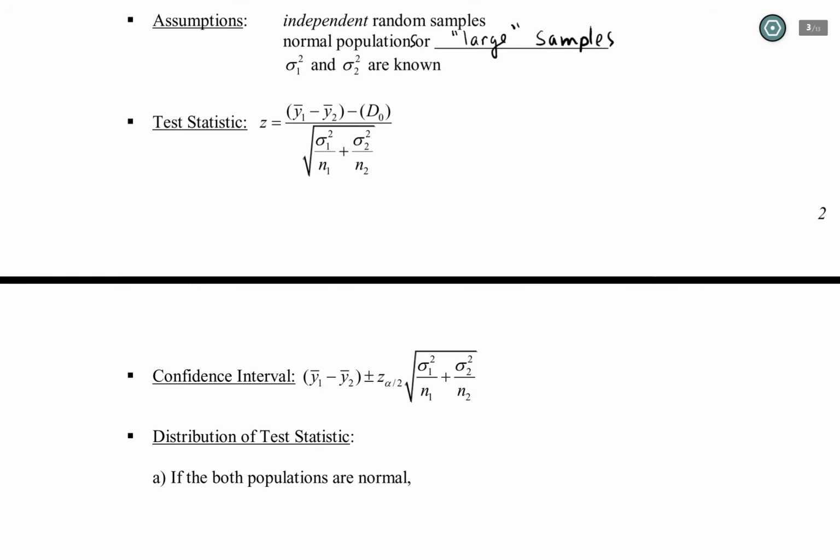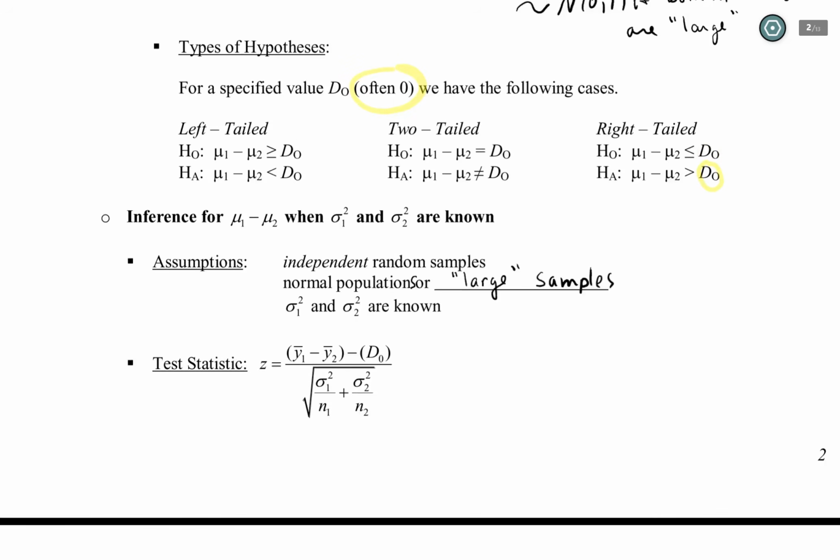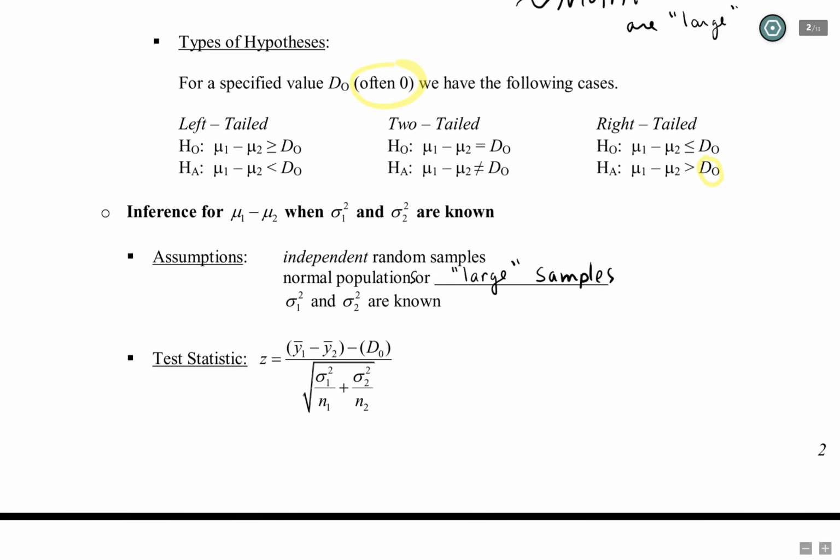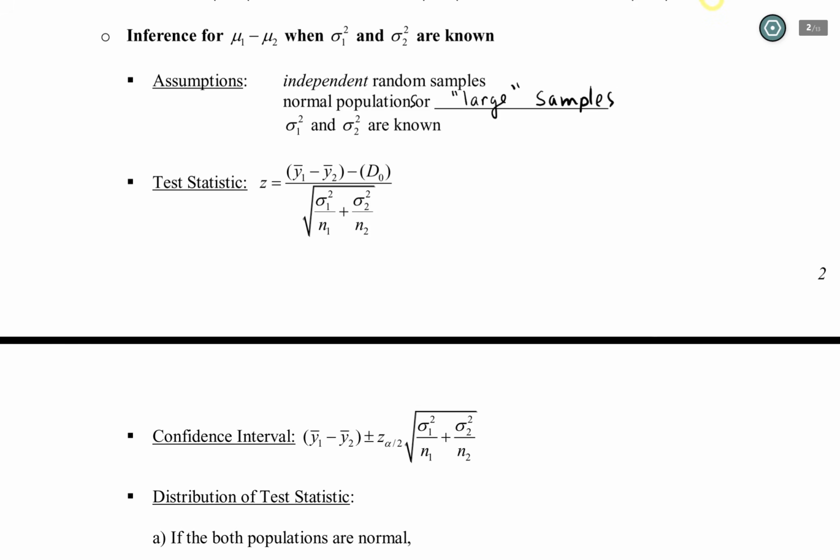In this scenario, our test statistic is this pivot quantity, this standardized quantity that we saw earlier, except I've replaced mu1 minus mu2 with d naught.